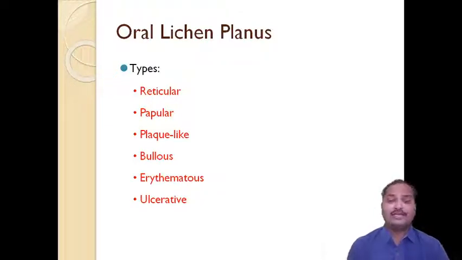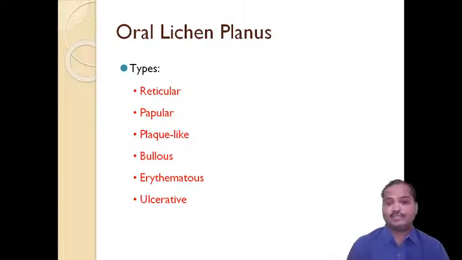Then plaque-like, in which we cannot identify the lesion as a separate line or even a papule, but it is present as a plaque, a sheet on the oral mucosa, a whitish sheet-like thickened appearance. Then bullous, where the terminologies in oral medicine have been discussed with you till now, and the bullous appearance is the presence of a bleb or bulla over the mucosa or the skin.